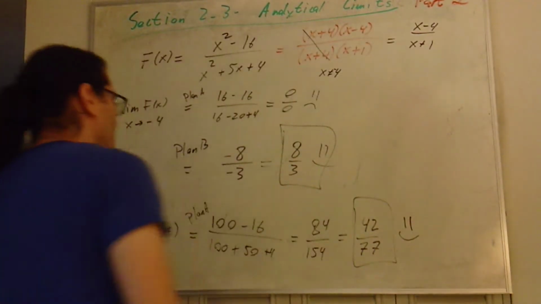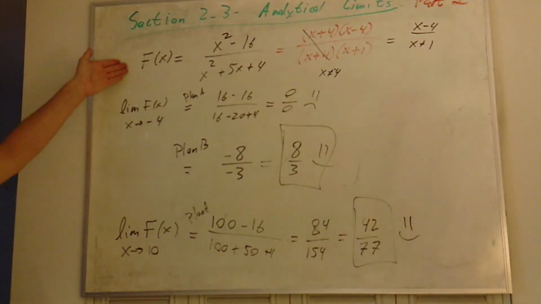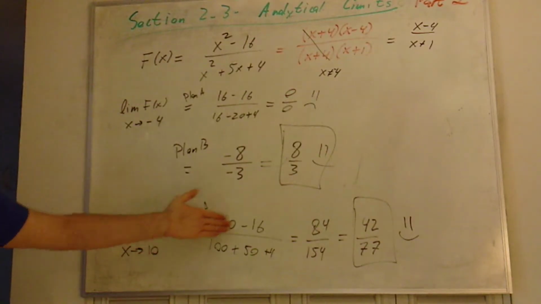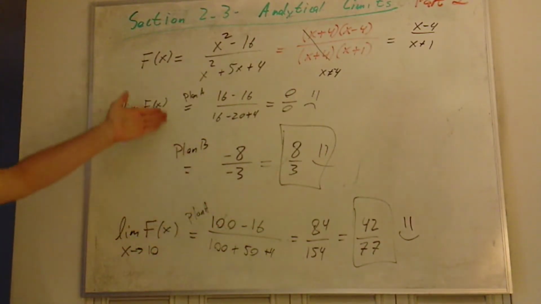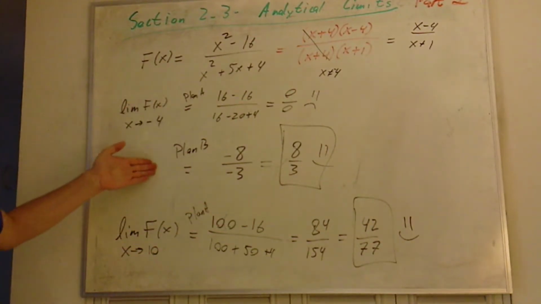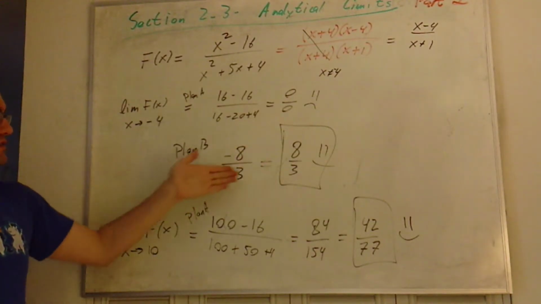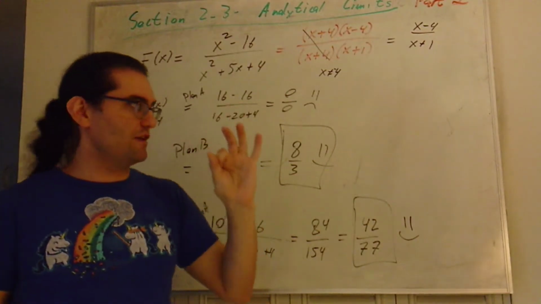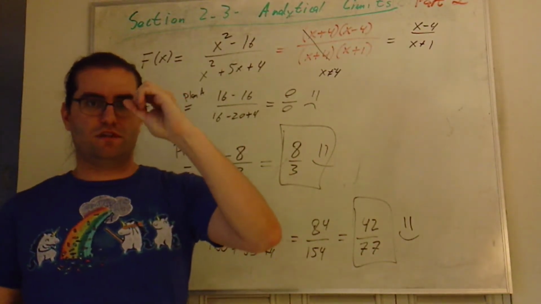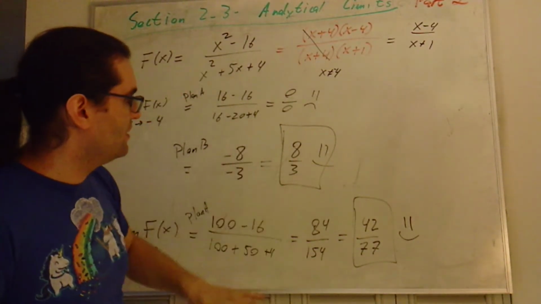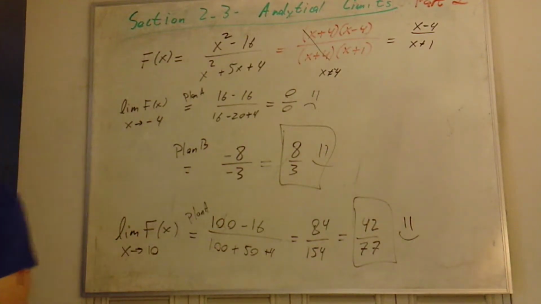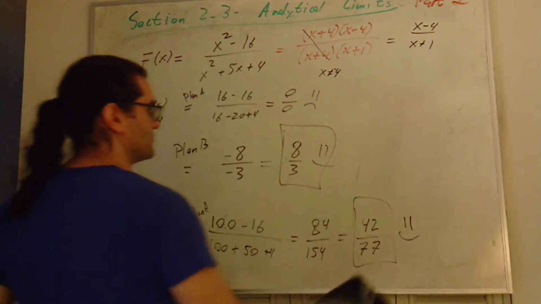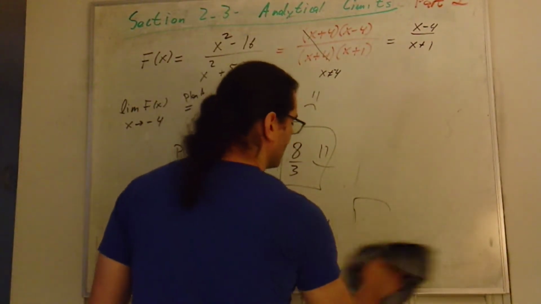This is kind of why rational functions make such good limit problems. Sometimes plan A works, sometimes plan A doesn't work, and you have to go to plan B to get the y value of the little hole in the graph, the empty dot. And sometimes neither work, and we have to go to plan C and acknowledge that we have some sort of horizontal asymptote or vertical asymptote.